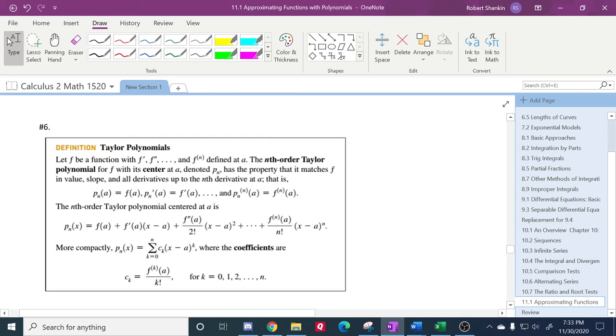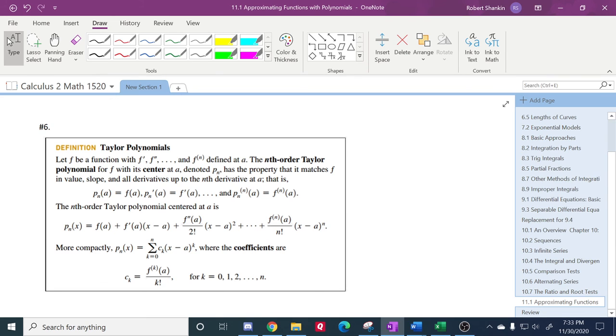All right, let f be a function with f and all its derivatives defined at a. And a might be the present if it's time and we're projecting in the future. It might not be, but it could be. The nth order Taylor polynomial for f with its center at a, denoted p sub n for polynomial, has a property that it matches f in value, slope, and all its derivatives up to the nth derivative at a.